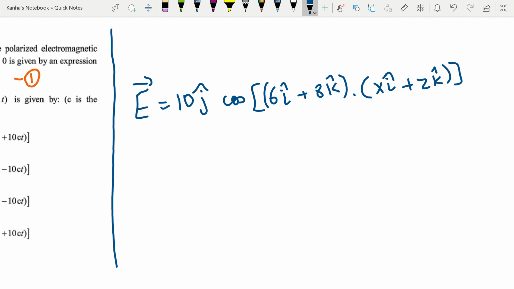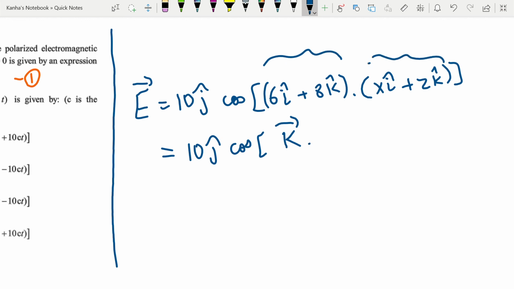Okay, so I can condense it down to the simple terms, which is 10 j cap into cos of some vector k dotted with your vector r. So this is your first equation. Here k is equal to 6 i cap plus 8 k cap, which I have shown you here.